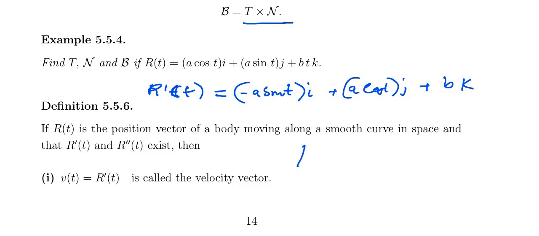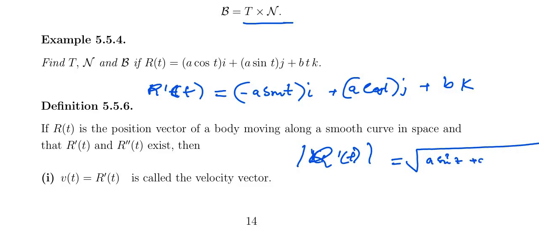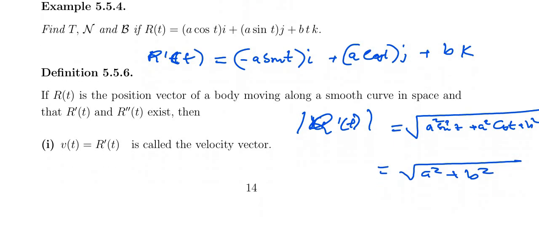So the modulus of r prime of t is just equal to the square root of a squared sine squared t plus a squared cos squared t, then the last one will be b squared, right? So the a squared can be factorized, because cos squared and sine squared give us a 1. This will be b squared.